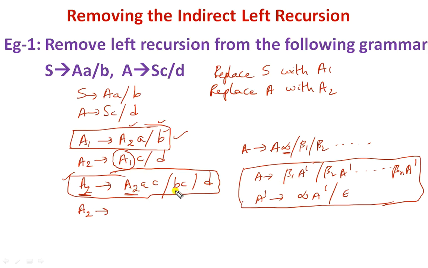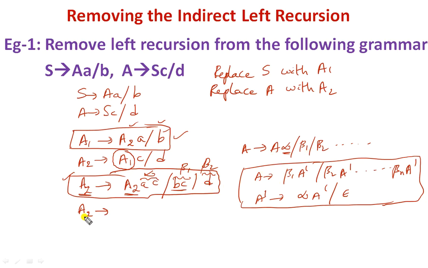Beta 1 is BC. Here you can map: AC is alpha, BC is beta 1, and D is beta 2. By mapping like this, we can generate the new production rules.